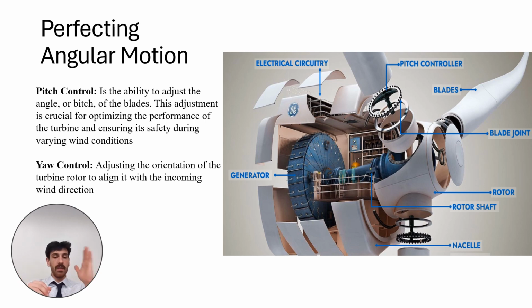If you have, let's say this is your rotor, and you have wind hitting it at this angle, and you change that angle to this, that is going to spin the blades slower or faster. That is what we call pitch control. When we're referring to yaw control, we're spinning the entire turbine to either face away from the wind or towards it.